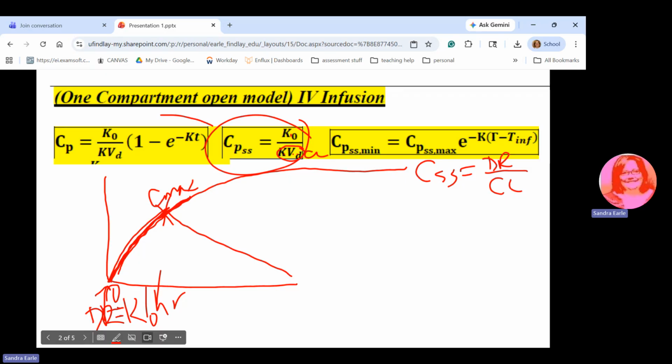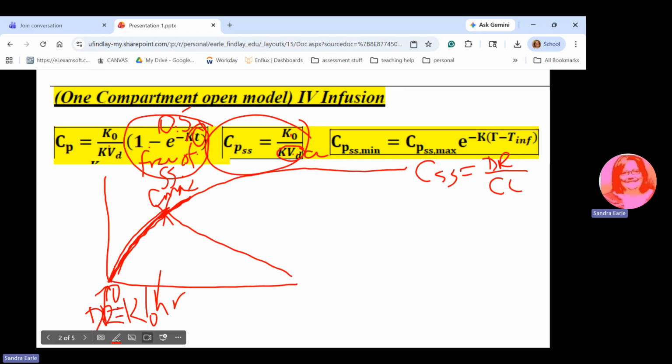Well, this piece right here, 1 minus e to the negative kt, tells us the fraction of steady state that we have at time t. So if we're halfway to steady state, this will be 0.5. So you multiply 0.5 times your eventual steady state, and that gives you your concentration.